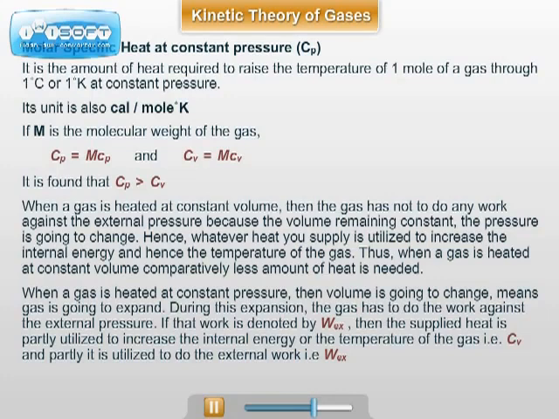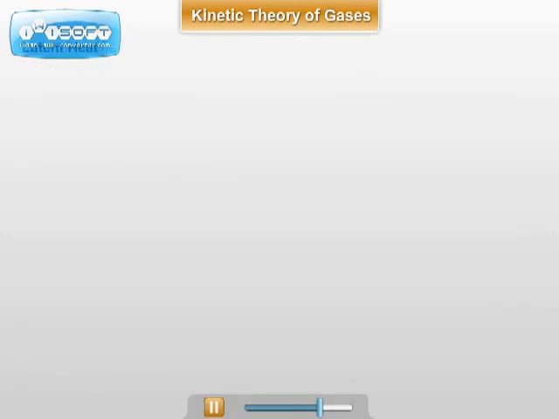Hence, more heat is needed to raise the temperature by 1 degree Celsius. Hence, Cp is always more than Cv. If Wex is the amount of external work done by the supplied heat at constant pressure and Cv is the heat used to raise the temperature of the gas through 1 degree Celsius or 1 degree Kelvin, Cp can be given as Cp is equal to Cv plus Wex.